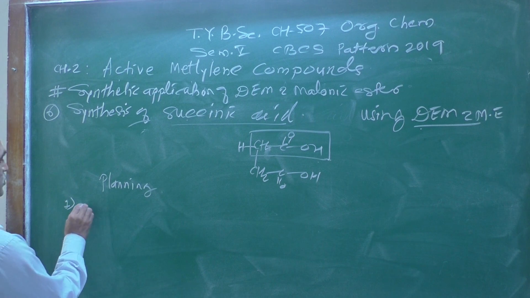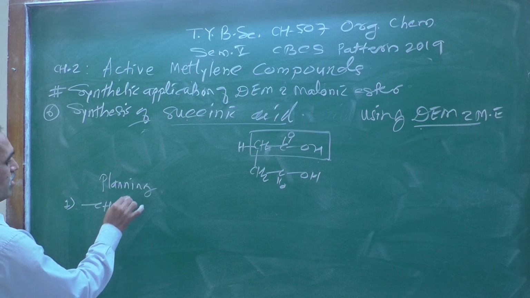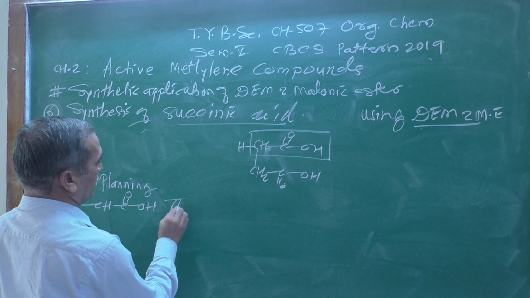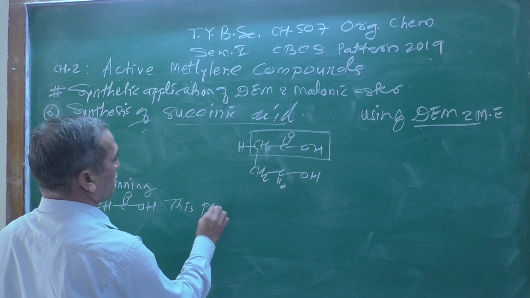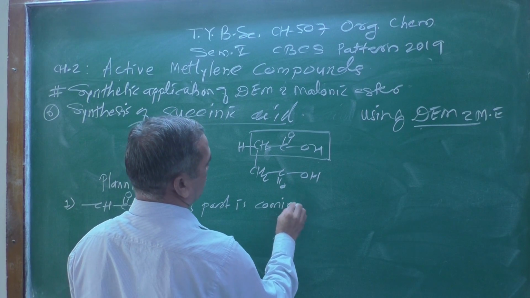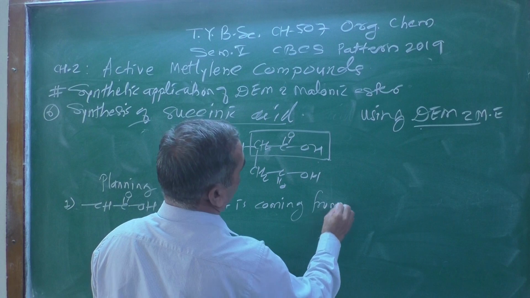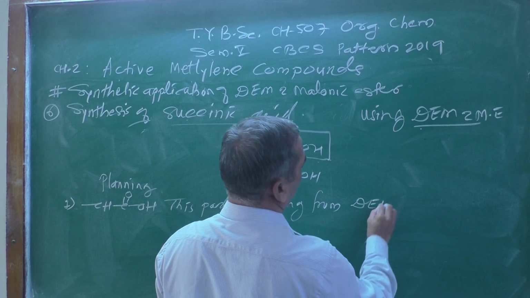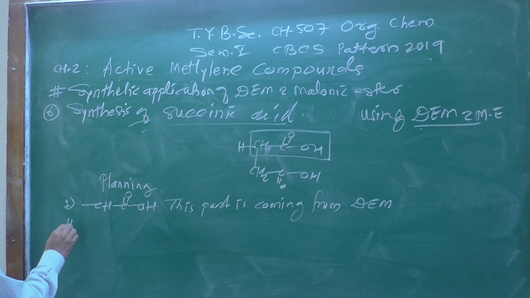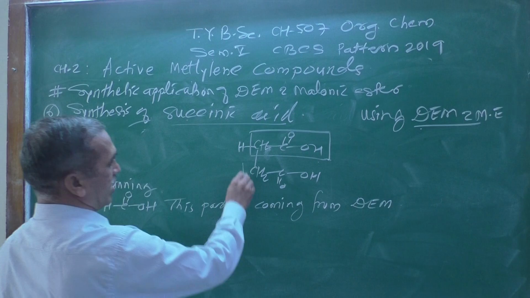And once you do this, CH, C double bond O, OH, this part is coming from DEM or diethyl malonate.